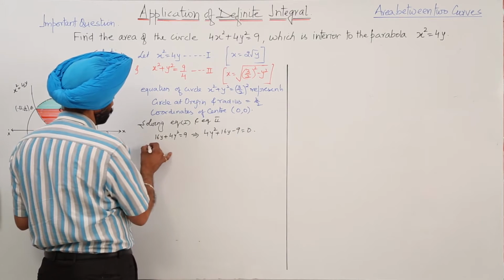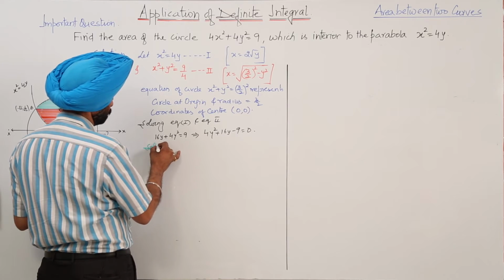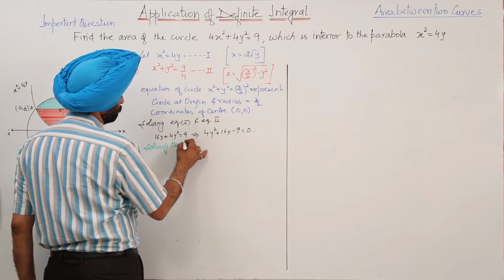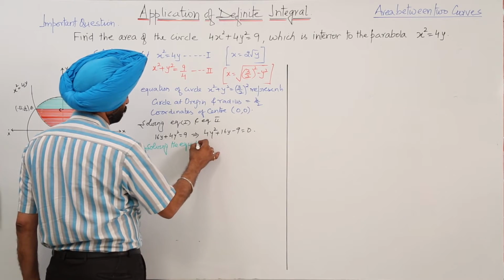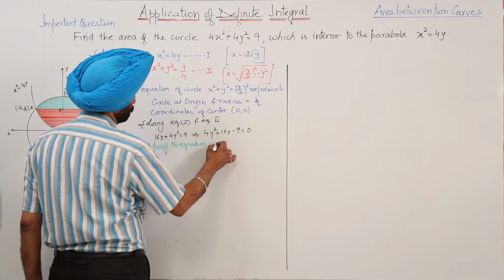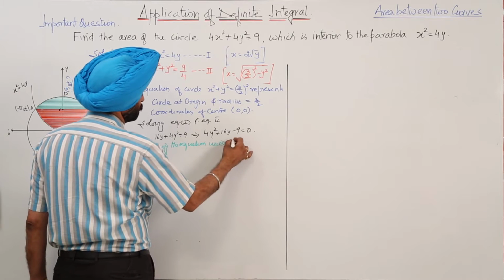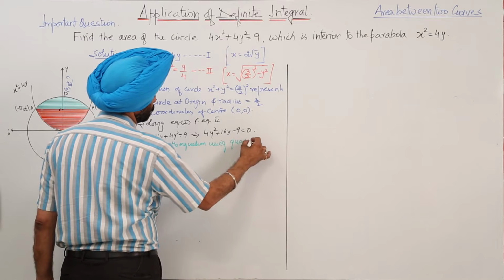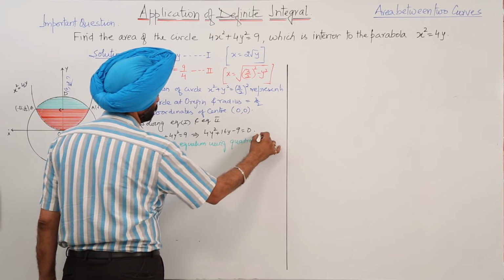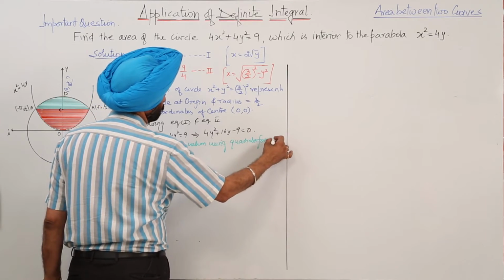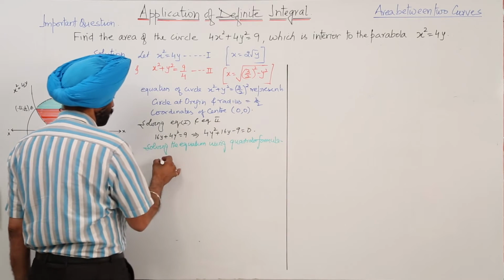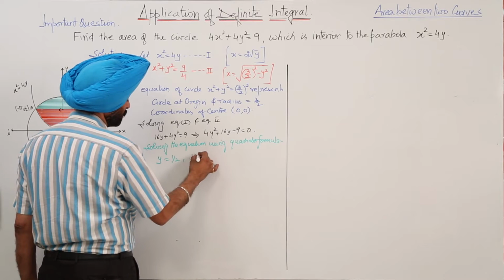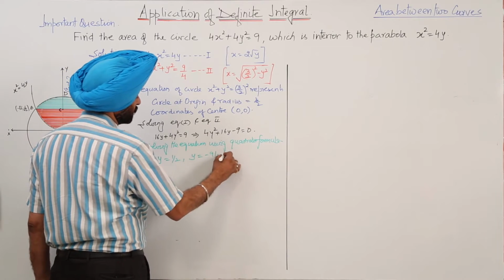Now solving the equation using quadratic formula, y is equal to 1 by 2 and y is equal to minus 9 by 2.